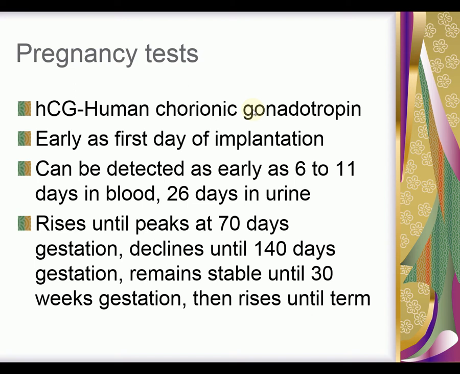We also have quantitative serum testing where we can do a blood test, and it's very accurate because it does measure the HCG in the blood. So even very small, minute amounts of HCG in the blood will actually tell you. There's different types, like the sandwich type immunoassay testing.